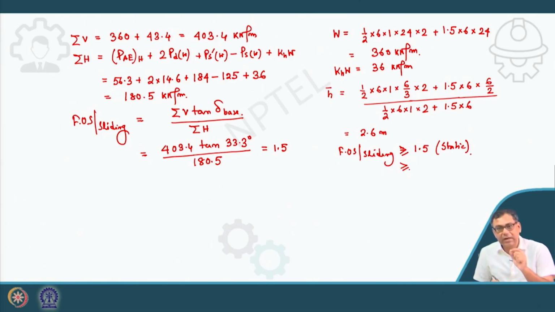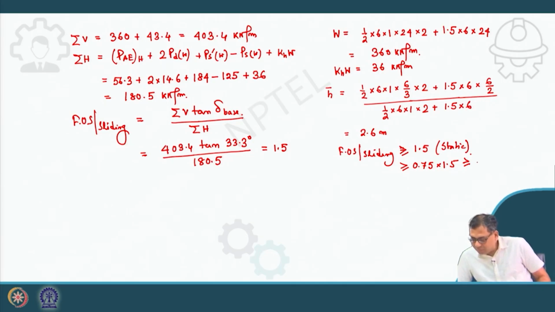So generally the seismic factor of safety is taken as greater than or equal to 0.7 times the static factor of safety. Here I will take 0.75 times the static. If I take 0.7 times 1.5, it should be around 1.125. So this is for seismic.